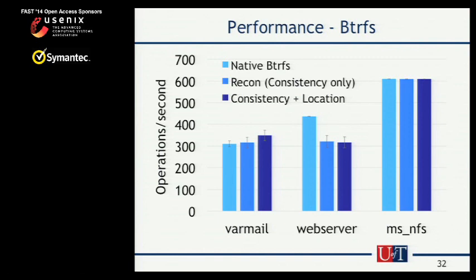But this is actually because there are a large number of timestamp updates that is generating a lot of metadata churn for Recon to check the consistency of. So we take a fairly large hit on the consistency checking, but adding the location invariants on top of that doesn't really increase our overhead.